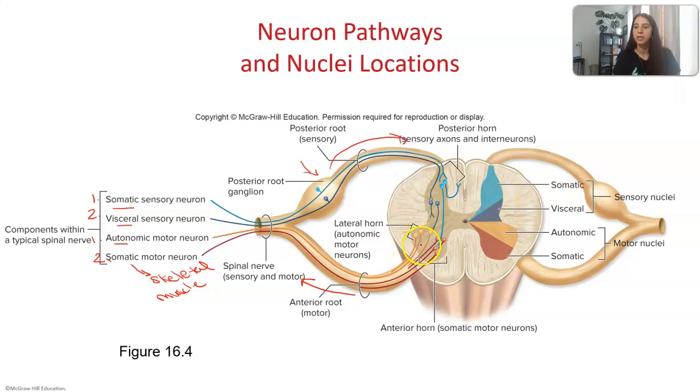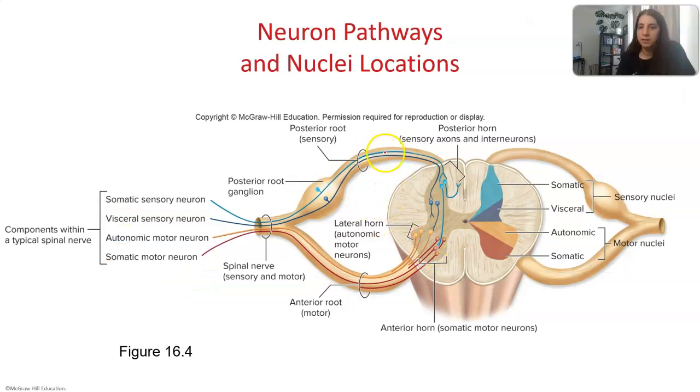When we look at the anterior side, we have motor axons and motor neurons, and they are also segregated by autonomic and somatic. So you have autonomic motor neurons that are more found in the lateral horn, and then you have somatic motor neurons that are found here in the anterior.